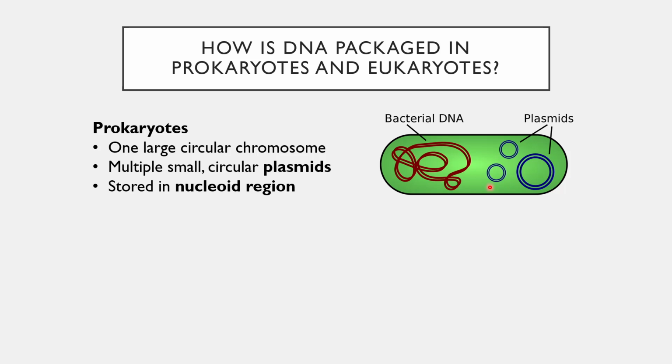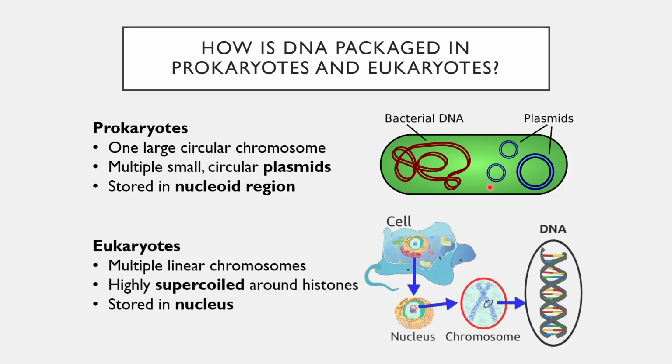We can contrast this to eukaryotic cells, which instead of having a single circular chromosome, have multiple linear chromosomes, and those chromosomes have to be highly supercoiled around special proteins called histones, which allows eukaryotic cells to store their DNA in a very compact manner.